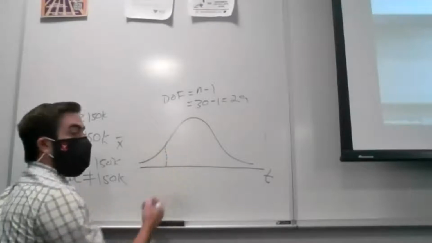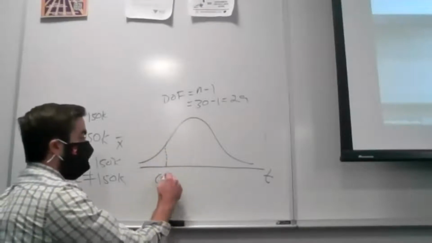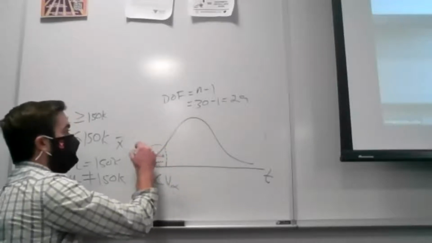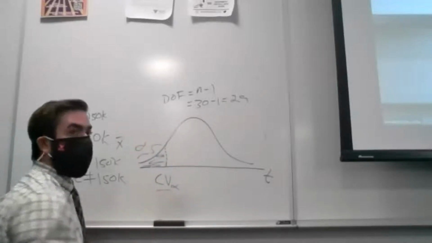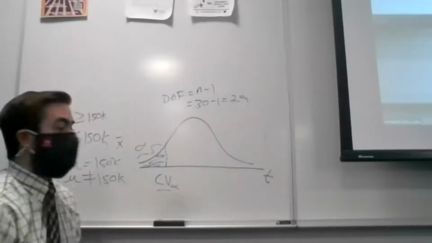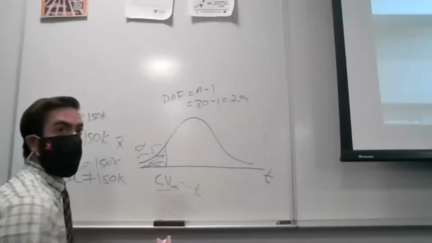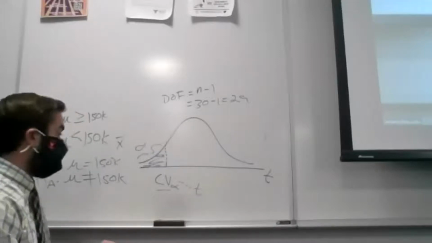If we just wanted to find one critical value, it'd be a critical value that gives us alpha in this lower left tail. This critical value is just a cutoff value. It's coming from the student t-distribution, so it really is a t-value. We'll get it from that student t-distribution.